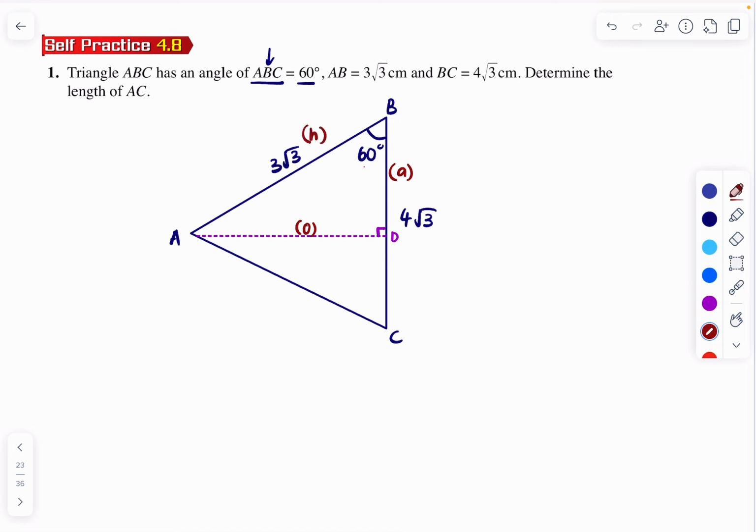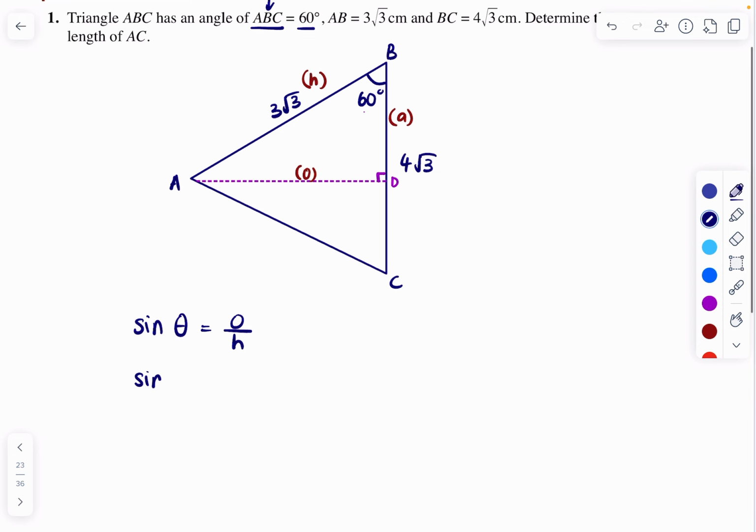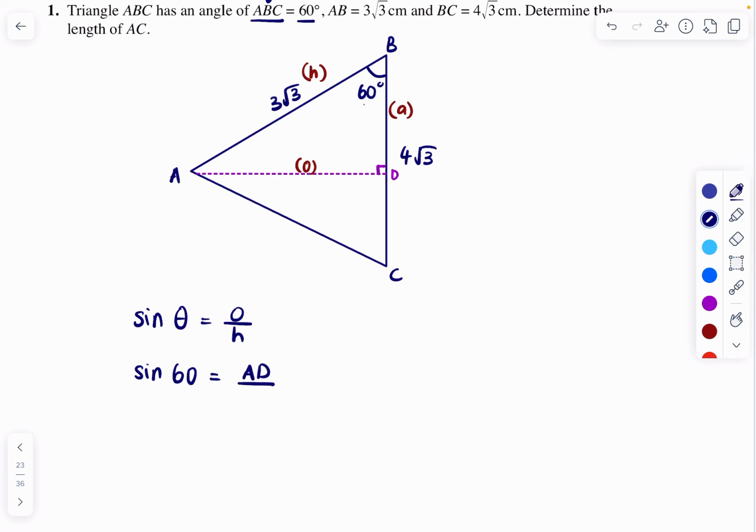So to find AD, we are finding the opposite. We have the hypotenuse. So O and H, we use sine, because sine theta is O over H. So sine 60 is opposite, which is AD, over 3√3.